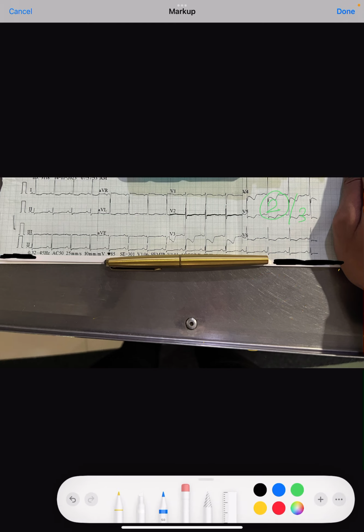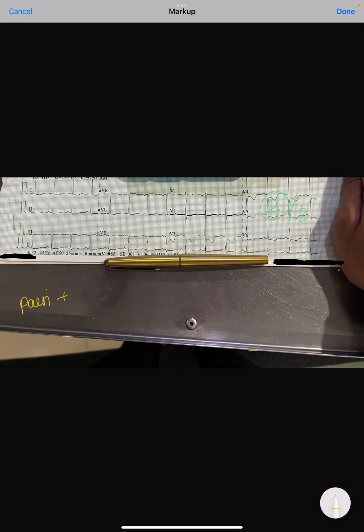If the patient is presenting with chest pain, but does not have ST elevation, the patient has ST depression, then we need to have the troponin I and troponin T. If one of them is positive, then pain is there, troponin is positive, but ST elevation is not there, we can label the patient as having non-ST elevation MI, because it has the positive cardiac biomarkers and the patient is presenting with chest pain.